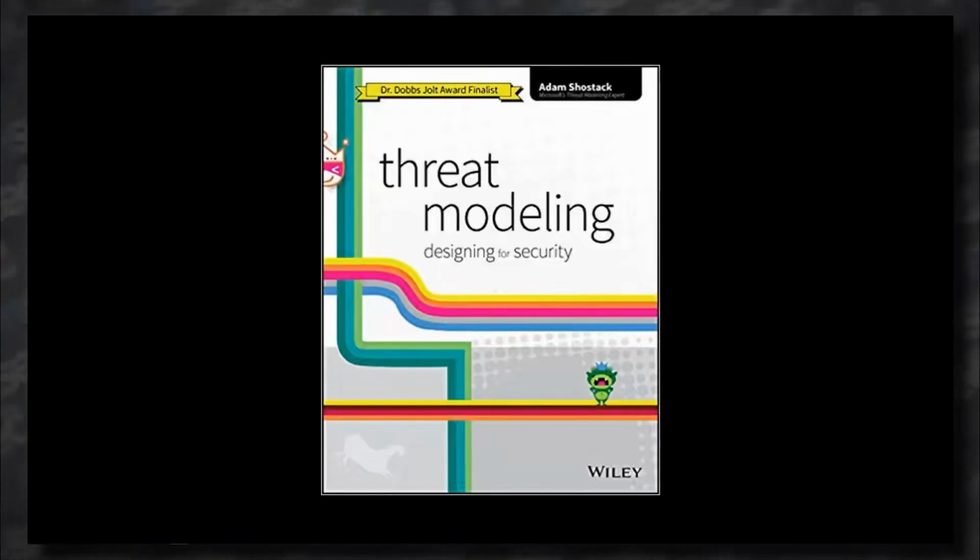This is the book that Adam Shostack released many years ago, detailing some of the methodologies around how we conduct threat modeling. It's very comprehensive, and it produces a lot of guidance that people will reference around how to conduct threat modeling. But it also introduces some of the reasons that I believe we see threat modeling not being conducive to DevOps.